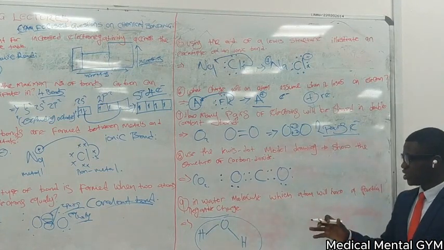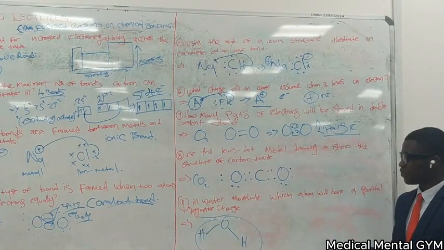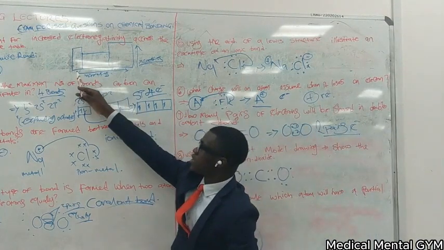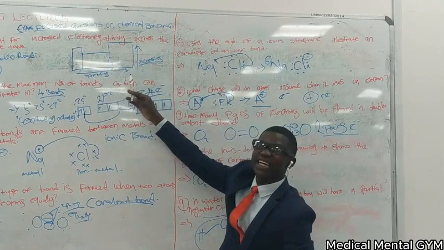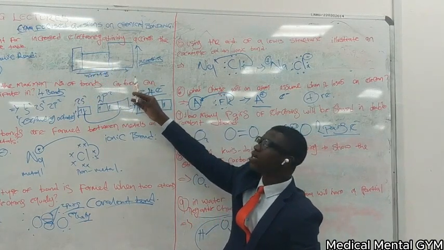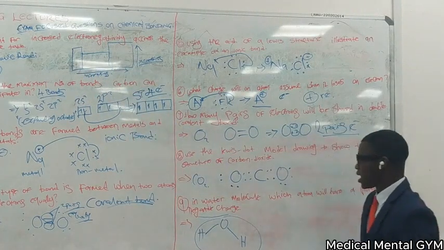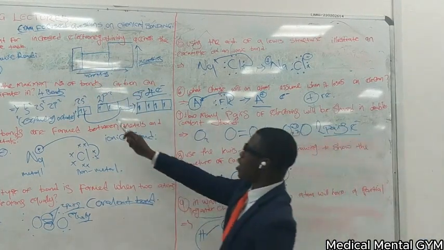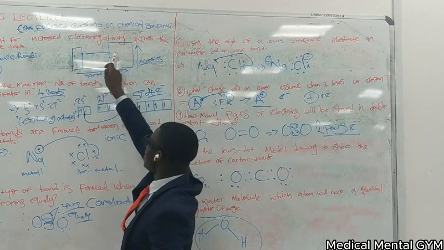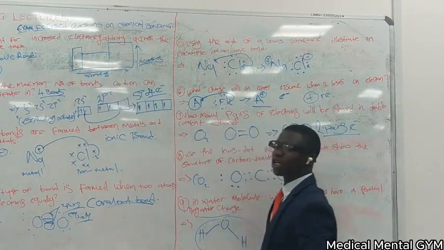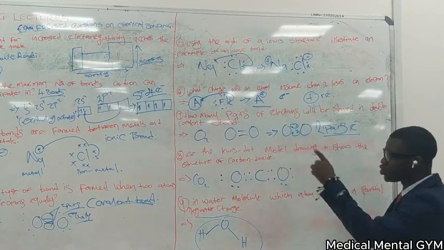So when we look at electronegativity, we discover that when you move across the periodic table, you are increasing electronegativity. Oxygen is in group 6, hydrogen is in group 1. From that analogy, we can tell that oxygen is more electronegative as compared to hydrogen.